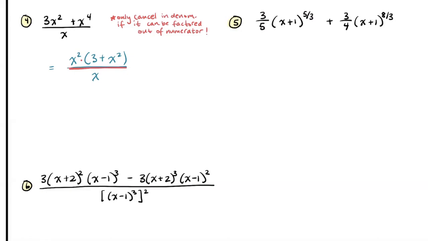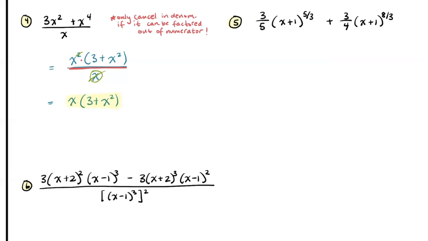So you can cancel now this x with one of the x's from the x squared. And now what we're left with here will be x times 3 plus x squared. And here is our simplified form.